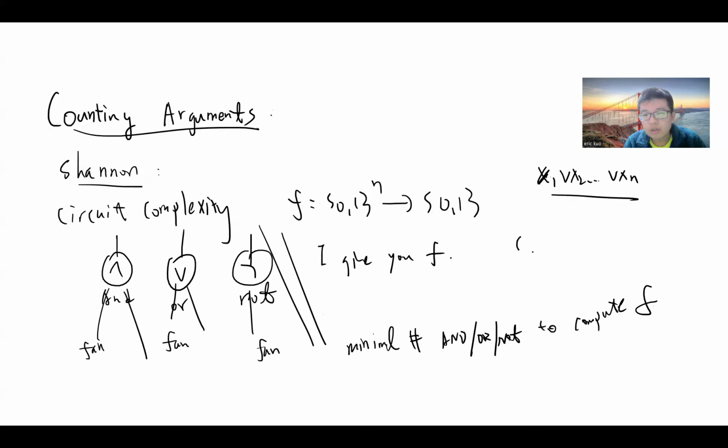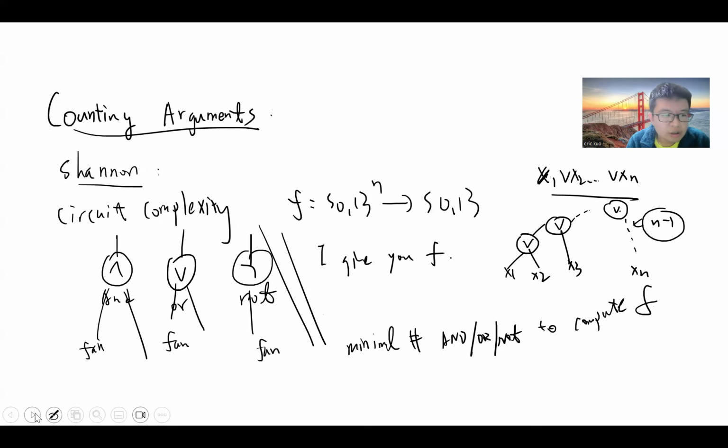Then I can just use OR on x1, x2, and then OR this with x3 and keep going. So I guess there are n minus one of them.